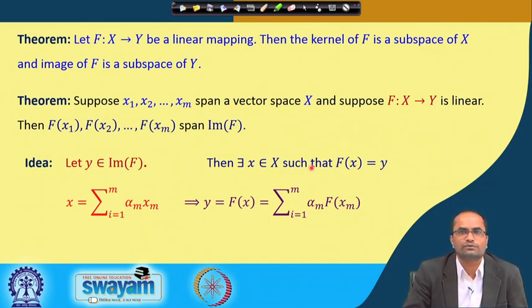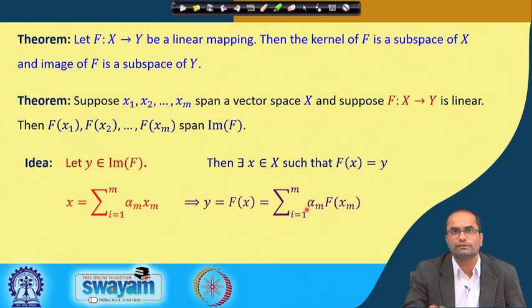Due to the linearity of the map, we can take f inside, because the alpha i's are constants; that is the definition of a linear map. So, f of alpha 1 x 1 plus alpha 2 x 2 and so on is equal to alpha 1 f x 1 plus alpha 2 f x 2 and so on.